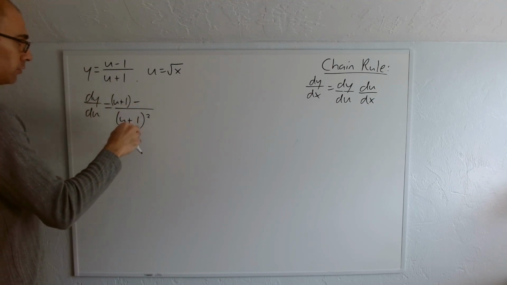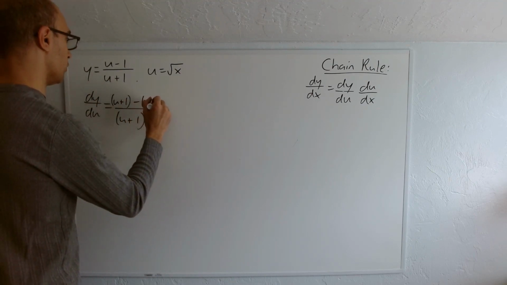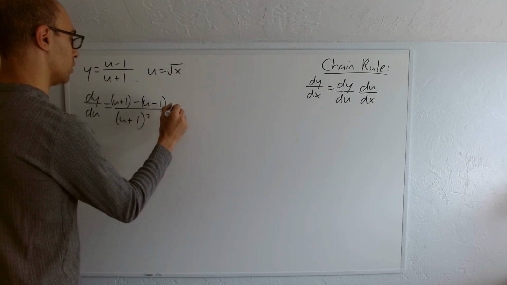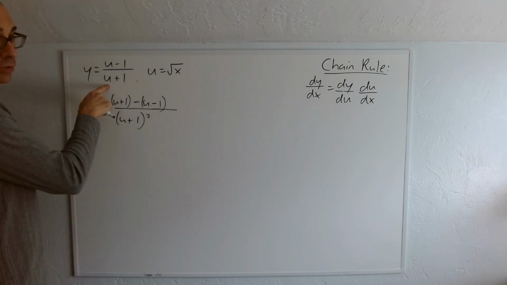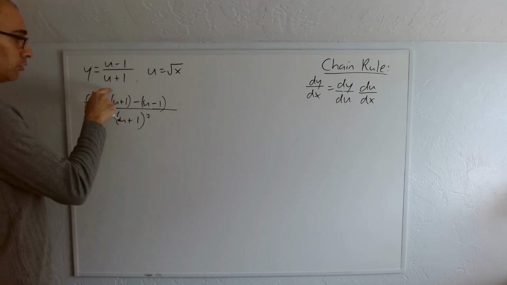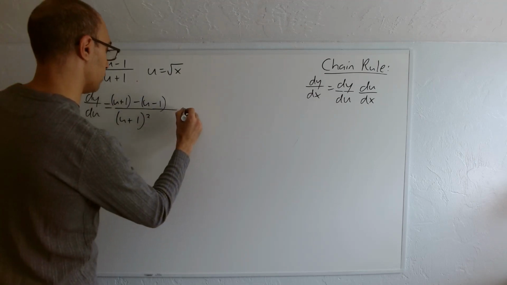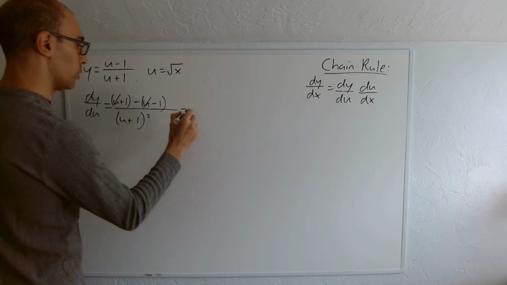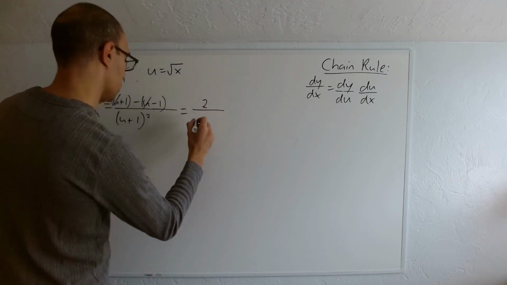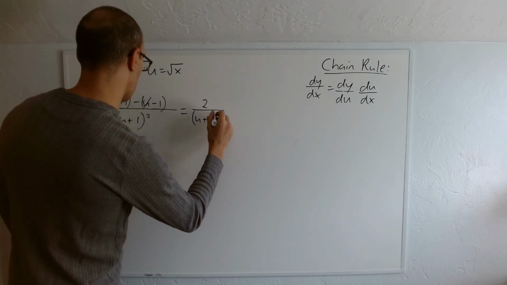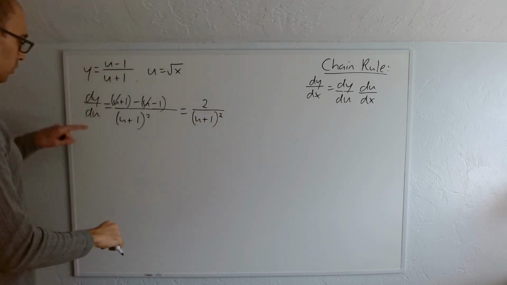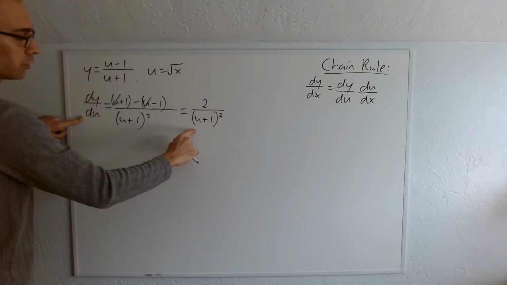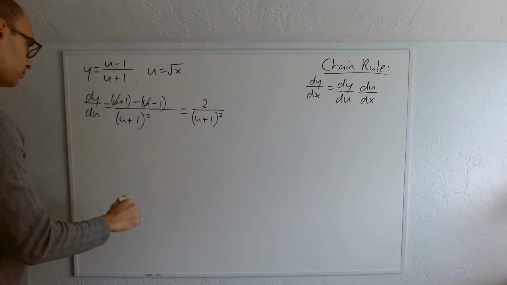Now minus the top times the derivative with respect to u of the bottom, which is just also going to be 1. The u's cancel. 1 minus a negative 1 is 2. So this is what we get for our first piece. dy du is 2 over u plus 1 squared.